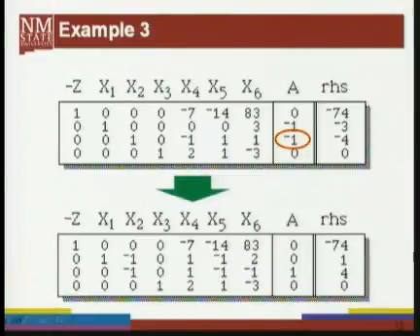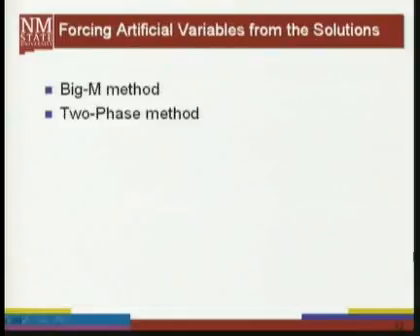Actually, artificial variables should not be included in the optimal solution. Which means each artificial variable must be eliminated from the basis. And actually, the next two methods will make this possible. They are the big M method and the two-phase method.